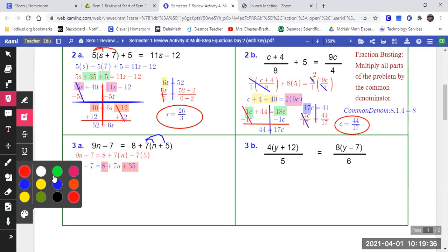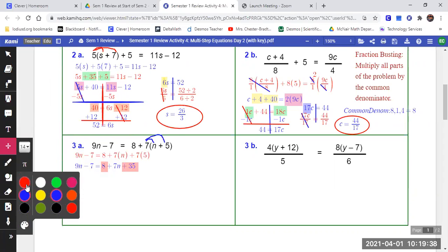I still have the 9n. I still have the subtract 7. I still have the equal sign, but now I'm going to combine the like terms on the right-hand side. What is that right side going to simplify to once we pull it together?